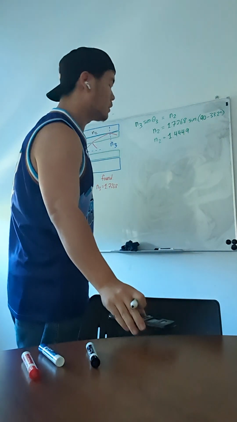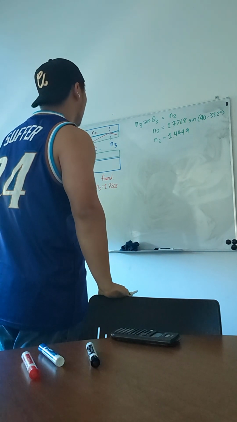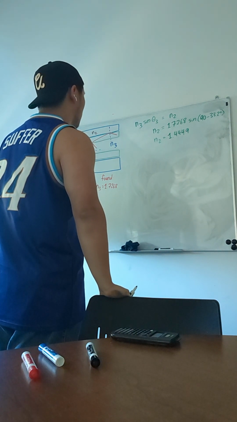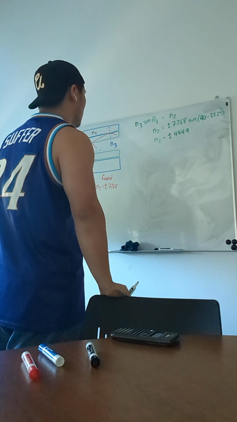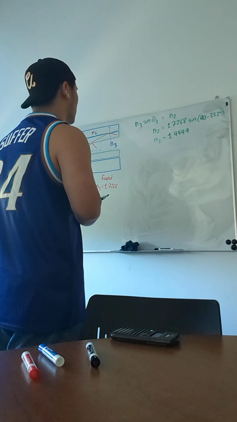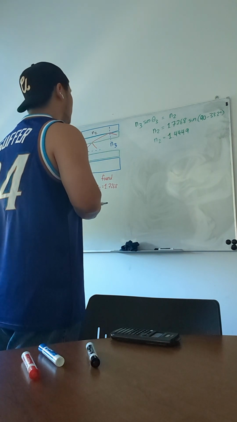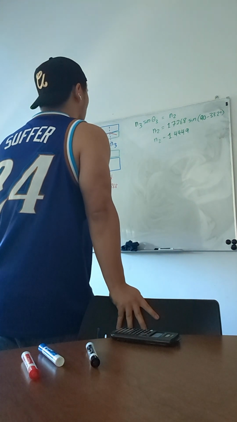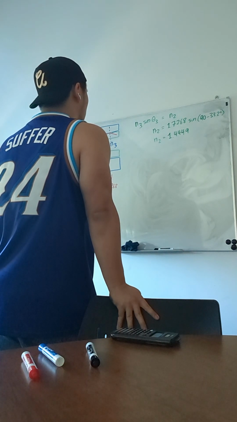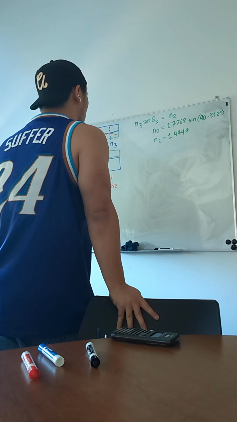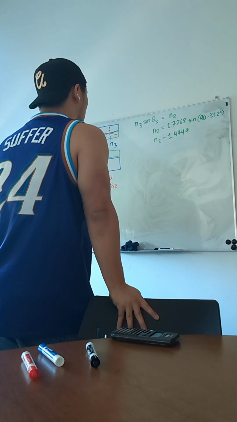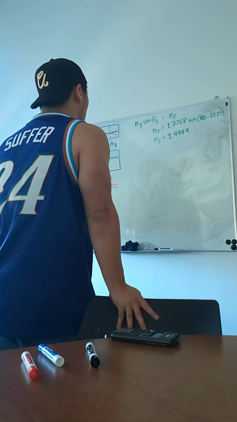All right, so we have a value, right? So now consider this. If we want the ratio to work, where sine theta 3 is equal to N2 over N3, N2 cannot be greater than N3, so it's capped off there.